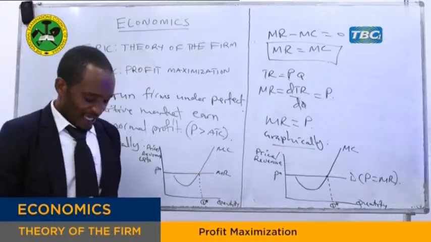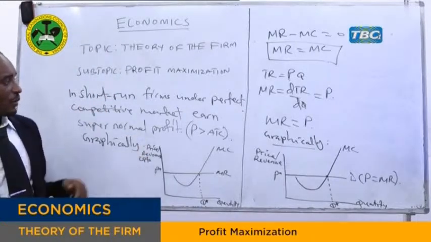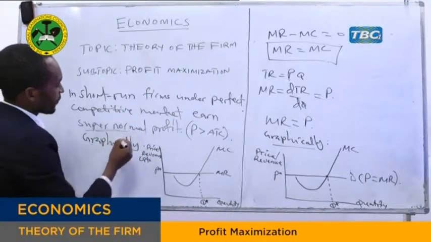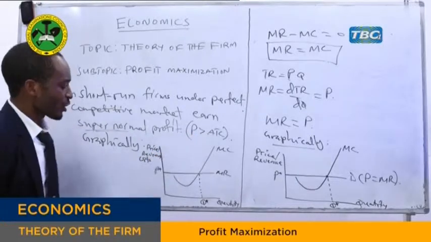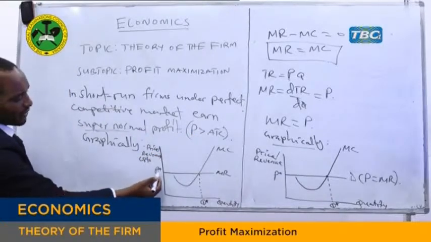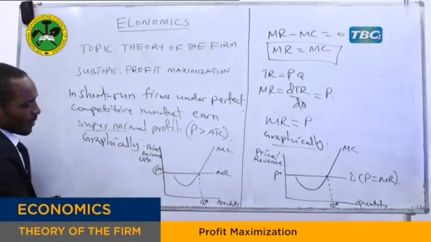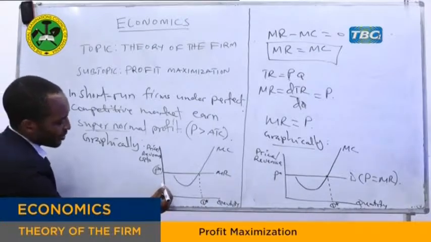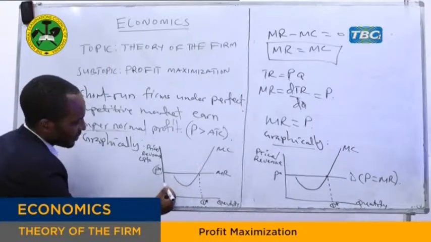Now we said that in order for the firm to earn supernormal profit, the price should be greater than average total cost. So our price is this one. If the price should be greater, it means the average cost should be below this price.